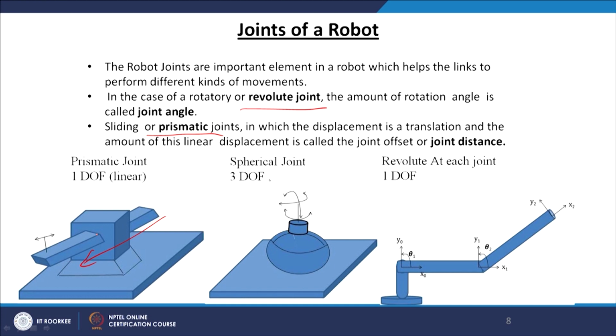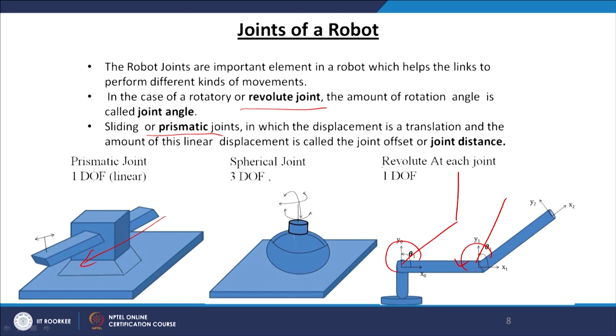It will move forward and backward, and here the link will rotate like this. There is an axis of rotation which is perpendicular to the paper. Similarly, there is an axis of rotation perpendicular to the paper, and this joint also can rotate from its current position. So, these two are revolute joints.